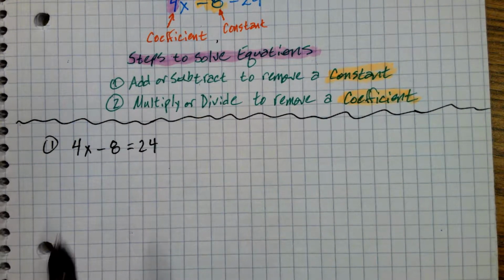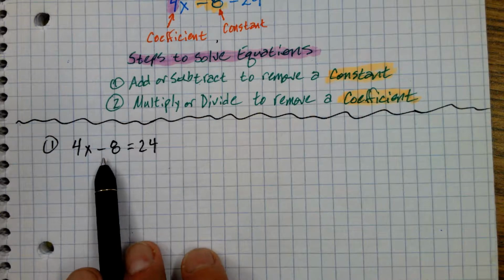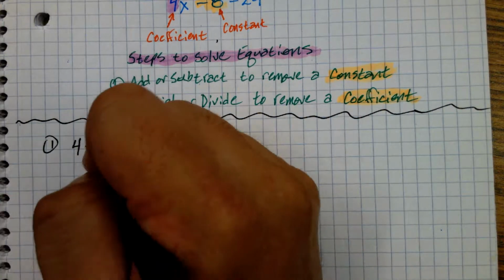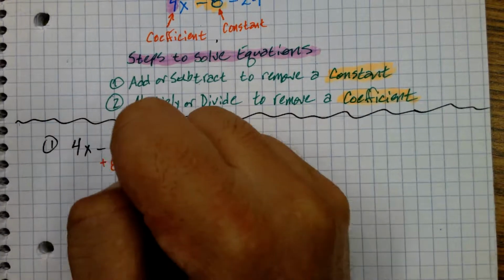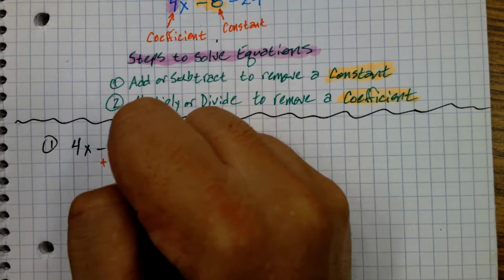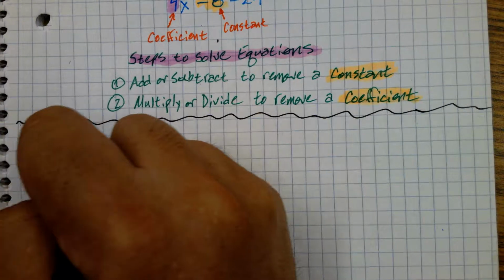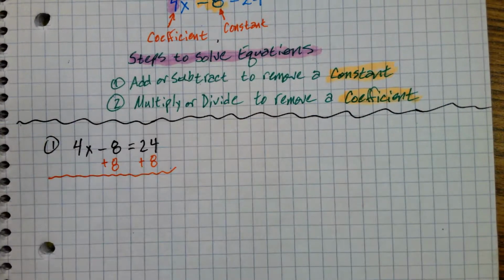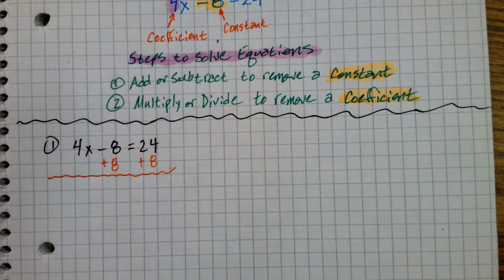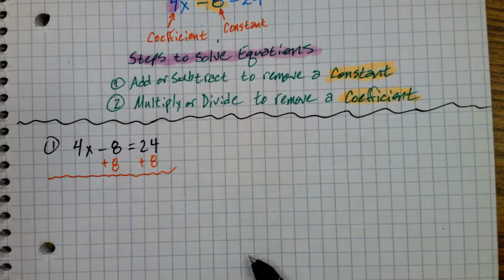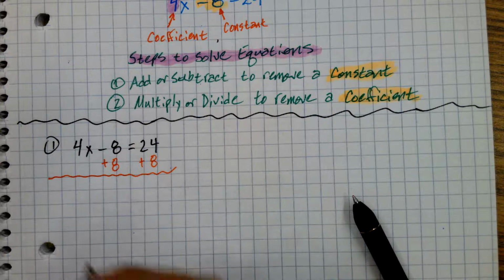Okay, here we go. It's minus or negative 8. So let's do the opposite. Plus or positive 8 on both sides. And let's see here. I'm going to go from left to right. 4x, didn't do anything with it. Just bring it down.